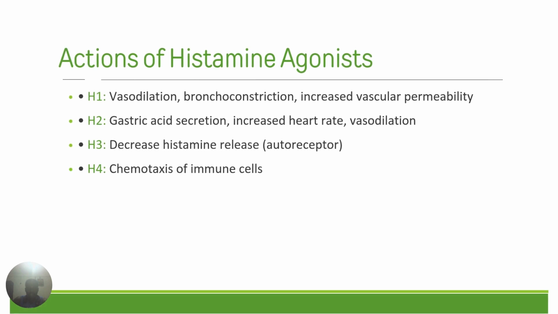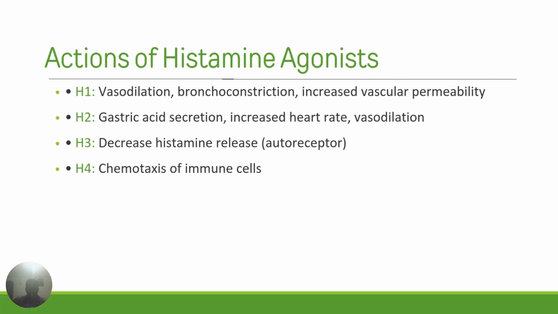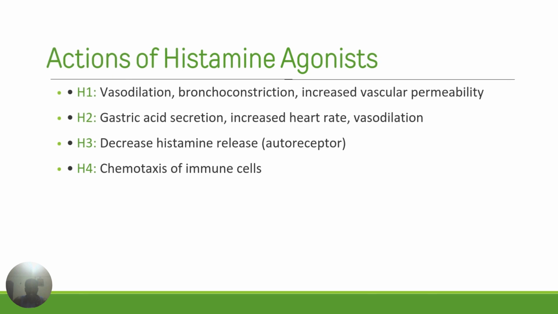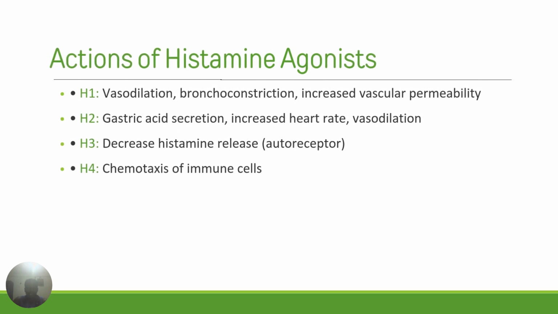And what are the actions? The actions of the histamine receptors. For histamine receptor 1, it takes part in vasodilation, bronchoconstriction, and also increases vascular permeability. For the H2 receptors, they take part in gastric acid secretion.